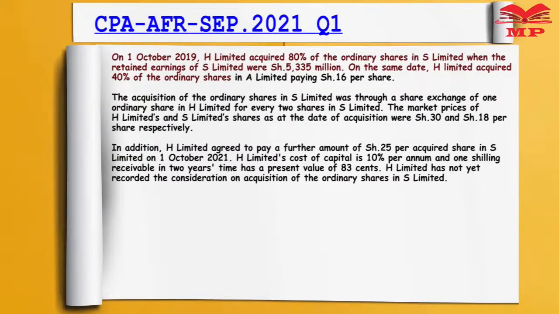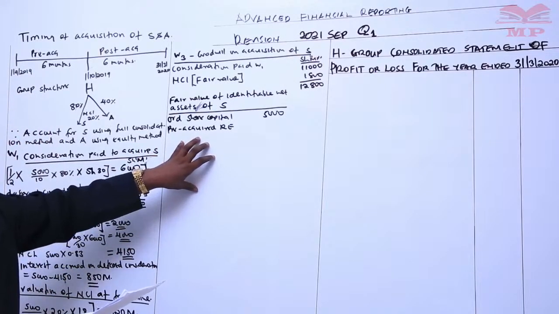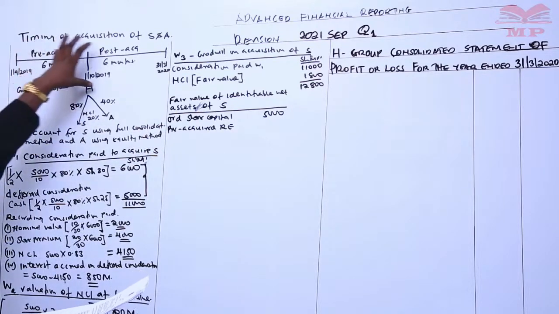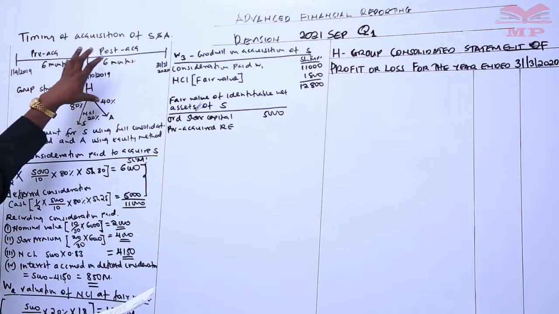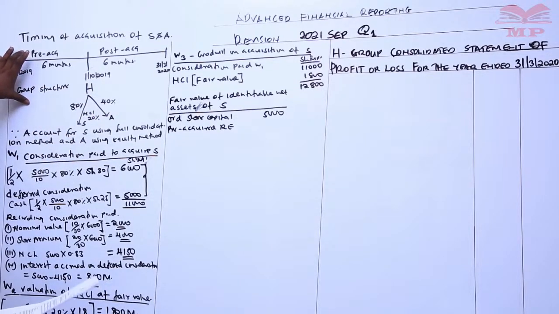You're told that on 1st October 2019, H Limited acquired 80% of the ordinary shares in S when the retained earnings of S were 5,335 million. So that is pre-acquired retained earnings. But recall that the timing of acquisition also helps you get pre-acquired profits.